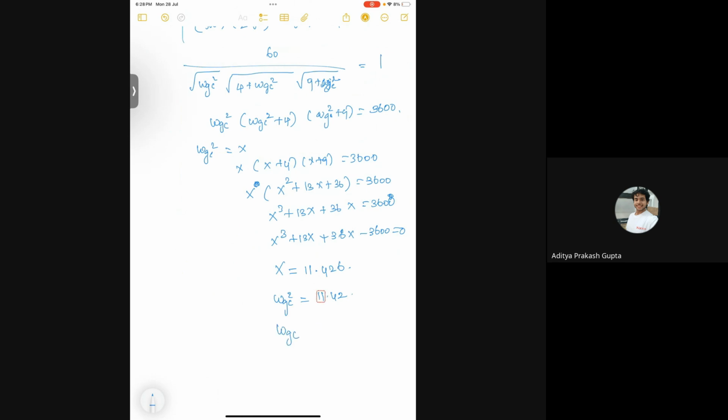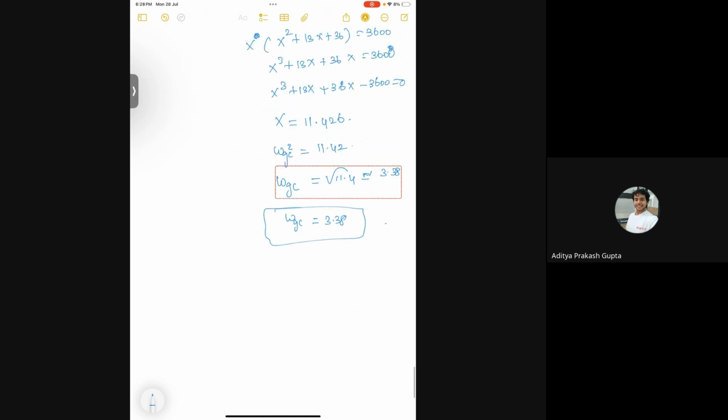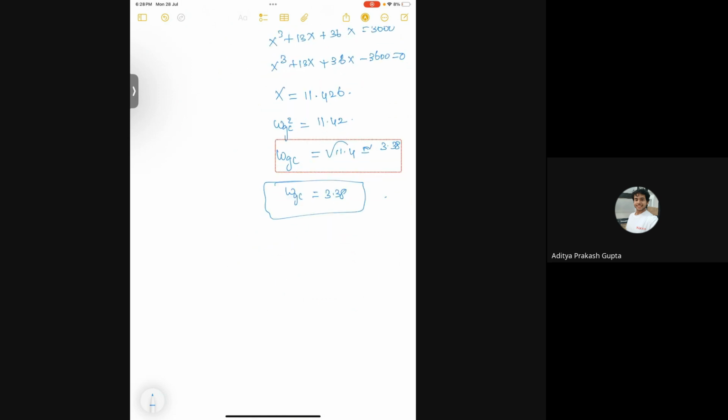So omega GC will be the root of 11.4, which is nearly 3.38. Right? This is your gain crossover frequency. Similarly, if I ask for the phase crossover frequency, you can use the phase values for that.